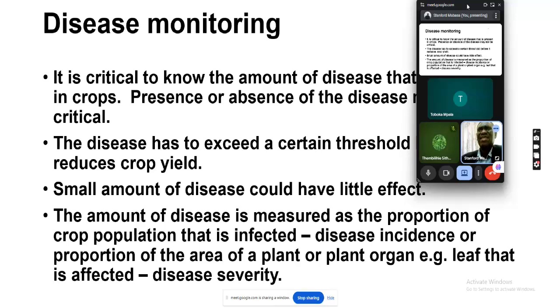So there are two things to note. There's disease incidence, which is the proportion of crops which are infected. Then disease severity: if you look at each plant, to what extent is it affected by that disease? So that is disease severity.